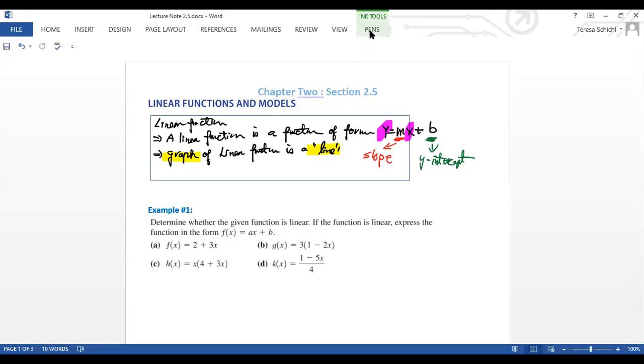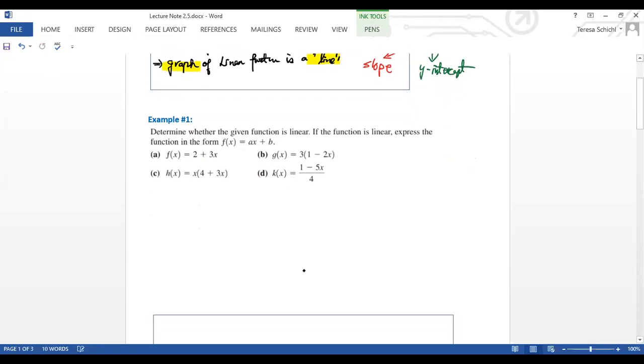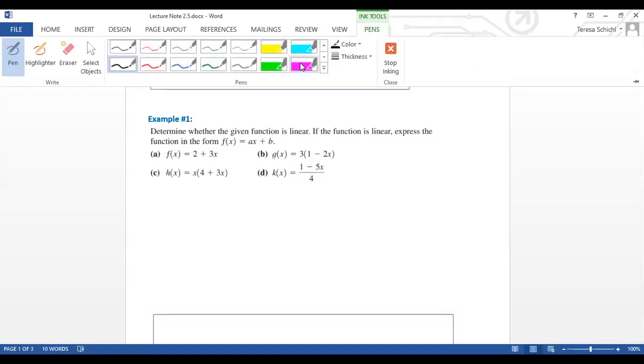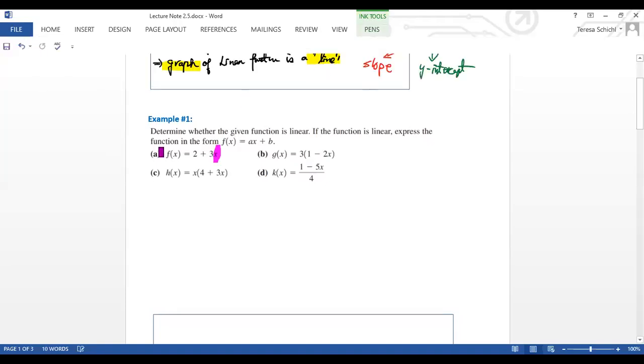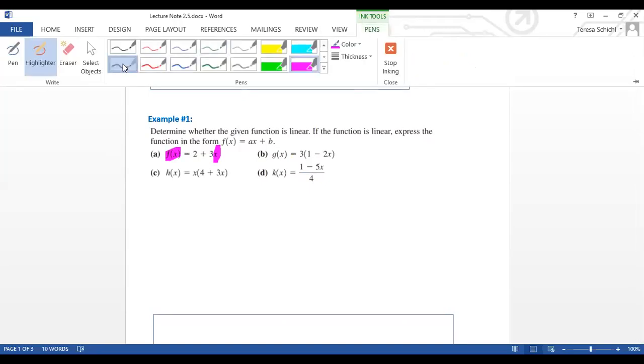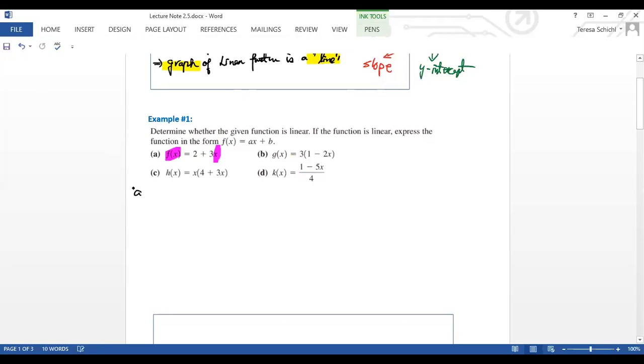Now let's take a look at our first one. The first one is y equals 2 plus 3x. Is this a linear function? Yes, because f of x is y, and they're just y and x. They don't have a square or roots. So yes, this is linear.